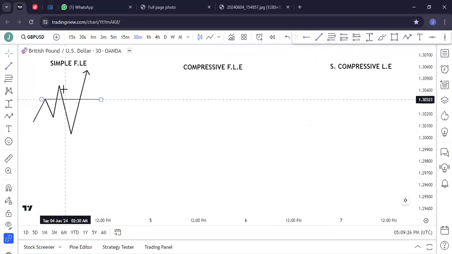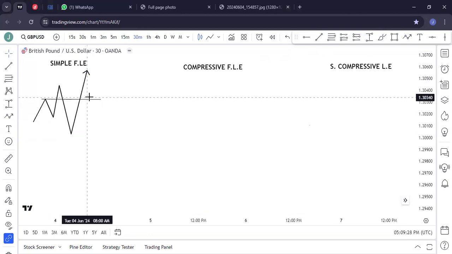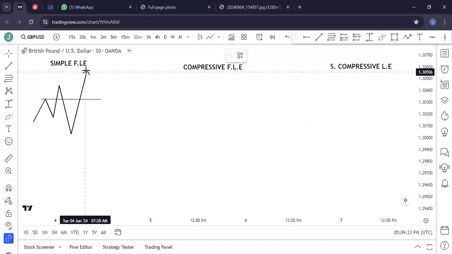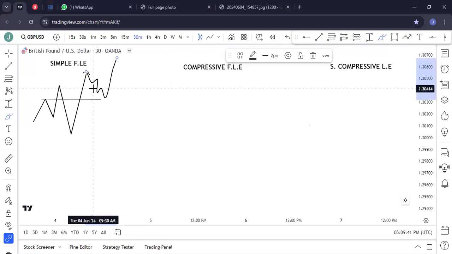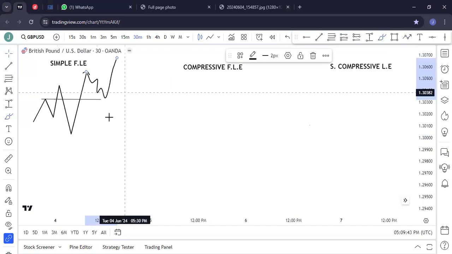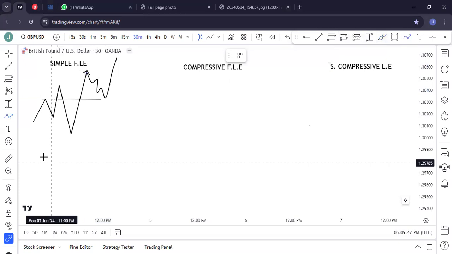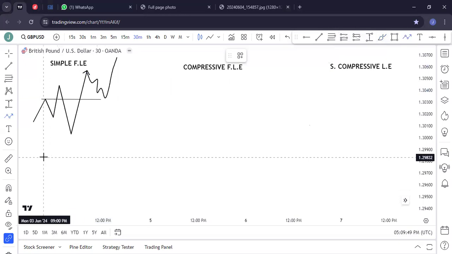But now, since it is failed liquidity engineering, we are going to enter it as flip. So the same point where we were supposed to enter as liquidity engineering is where we are going to enter as flip. Do you understand there? Yes, sir.